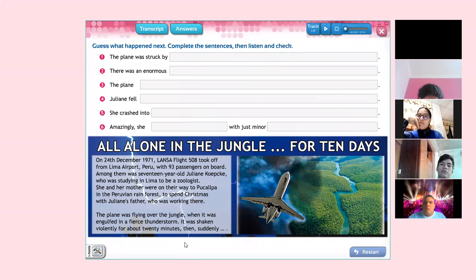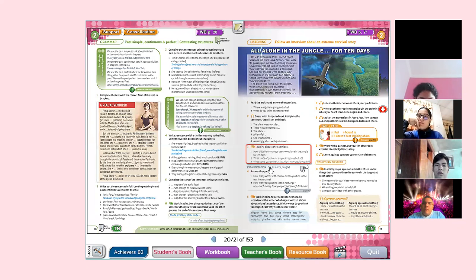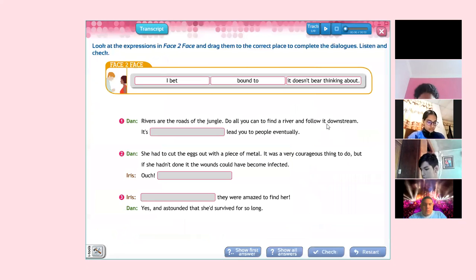So we continue with the next part of this. I need you to pay attention to the words: I bet, bound to, it doesn't bear thinking about. You are going to read the information.